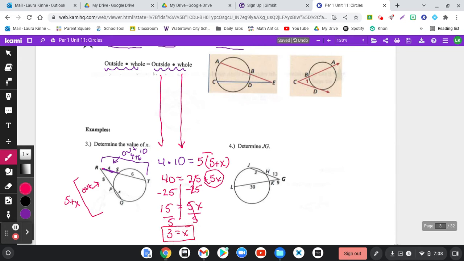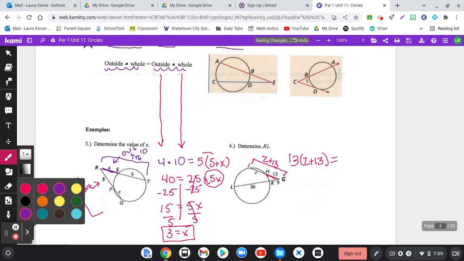All right, determine JG. So again, outside times whole. So the outside of this is 13. The whole would be z plus 13. So 13 times z plus 13. On the other side, the outside is 9, and the whole is 30 plus 9, or 39.